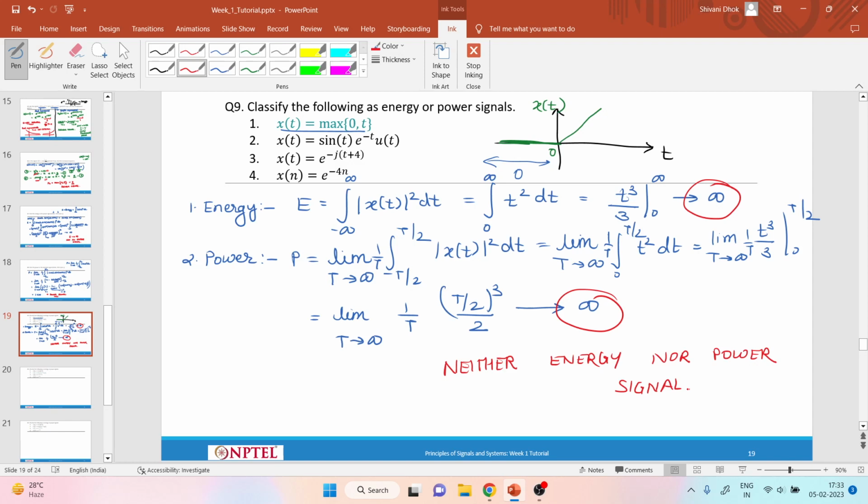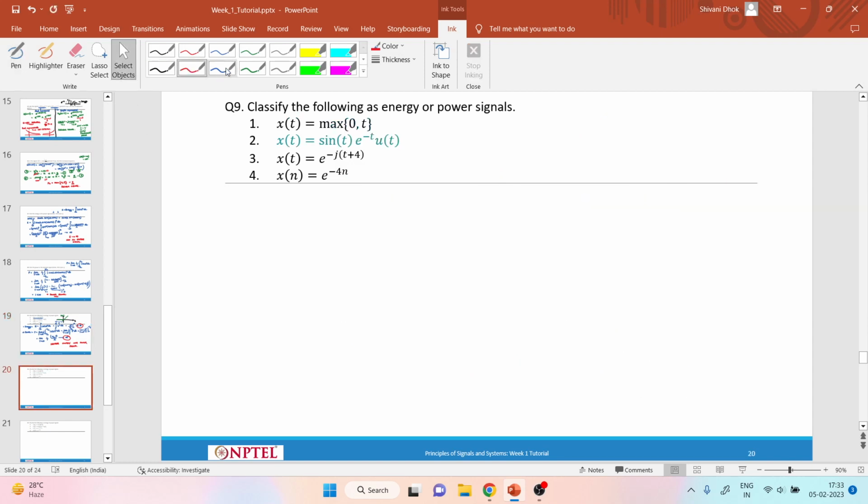Okay. Let's look at the next part of this question. So here my x of t is this, and we need to classify it again as an energy or power signal. Let us first draw this signal. It is multiplied by u of t, so it will only be available from 0 to infinity.